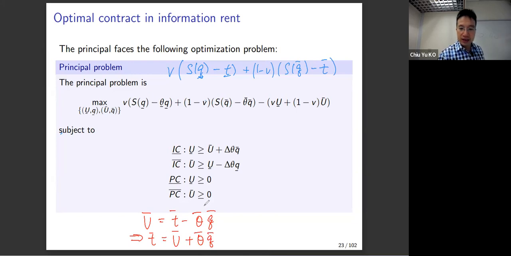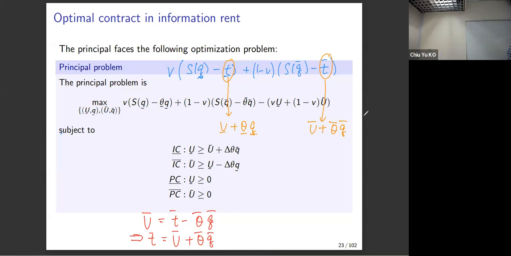And you put this T into here, you just substitute T into this one and this one. T lower bar is what? T lower bar is U lower bar plus theta lower bar Q lower bar, right? T upper bar is U upper bar plus theta upper bar. Is that okay, this one?